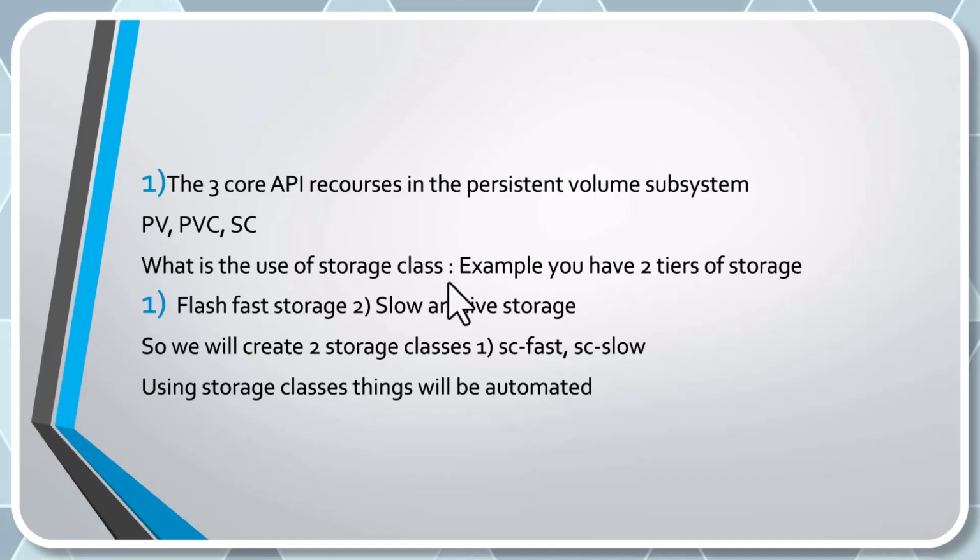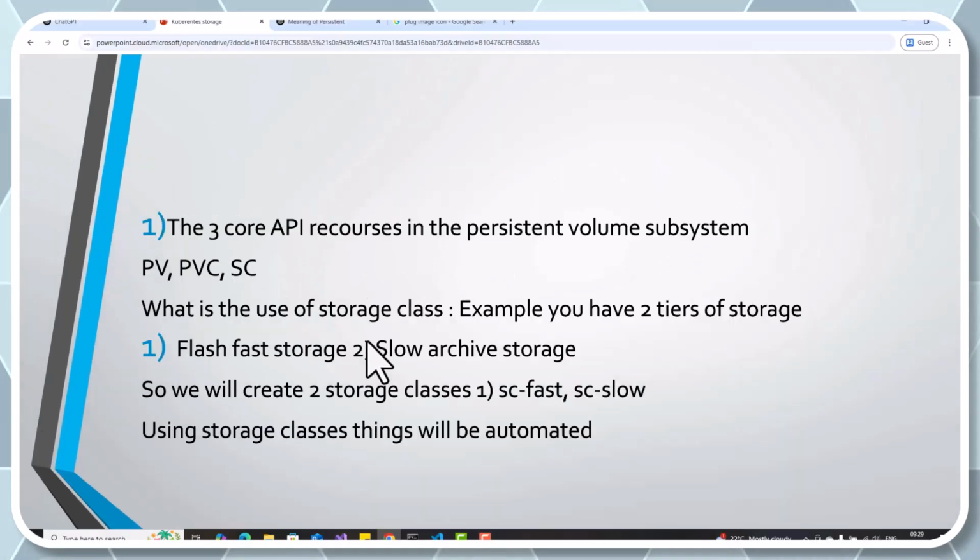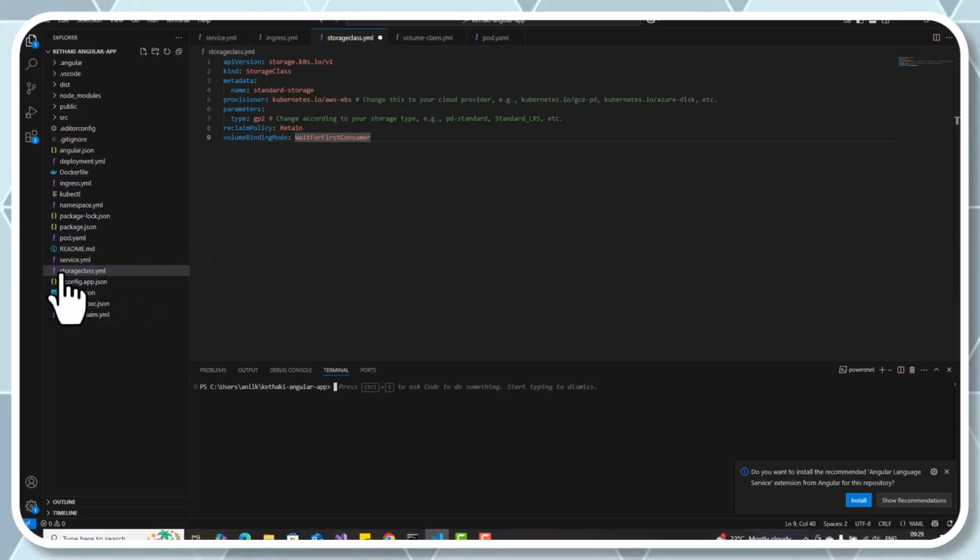Now coming to how storage classes can be created. In our YAML file, first we create a storage class: the API version, and the kind we provide as StorageClass, and the metadata, which is the storage class name, and the provisioner. What is this provisioner? It is the CSI, container storage interface, which we have seen in the slide.